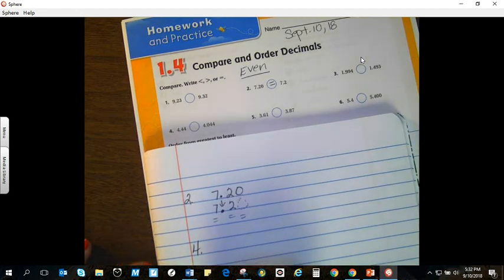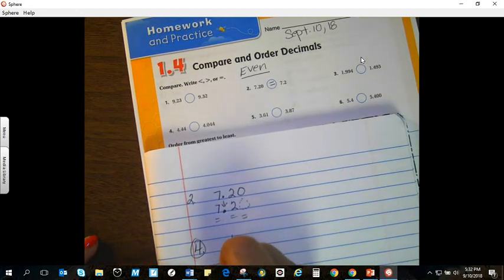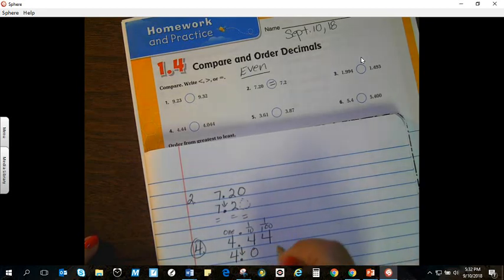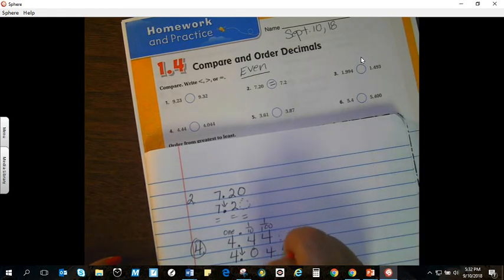On my 4s, I have 4 and 44 hundredths, and I can mark my ones, my decimal, my tenths, and my hundredths. And then the next number is 4, lining up my decimal. It doesn't make any difference how many digits I have in my number. Always line up your decimals. 0 in my tenths, 4 in my hundredths, and look, I have a 4 in my thousandths. So 0 is a hero, and I'm going to put my 0 right here.